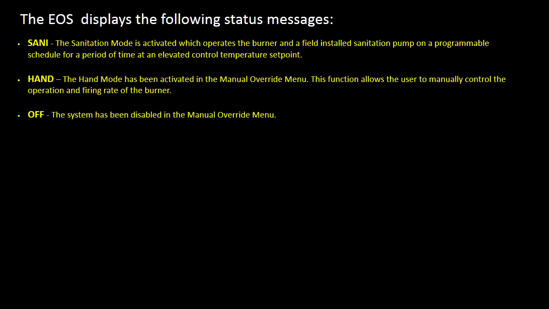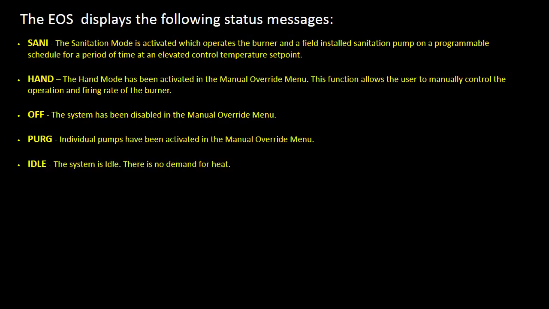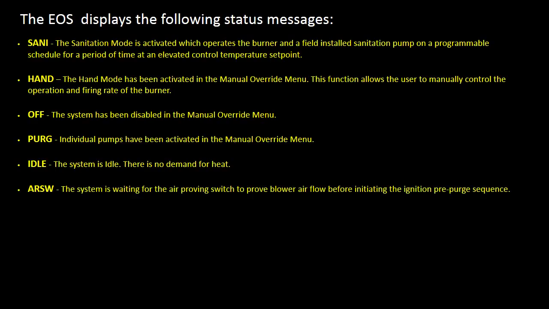Off. The off mode indicates that the system has been disabled in the manual override menu. Purge. The purge mode indicates that individual pumps have been activated in the manual override menu. Idle. The system is idle. There is no demand for heat. Air switch. The system is waiting for the air proving switch to prove blower airflow before initiating the ignition pre-purge sequence.